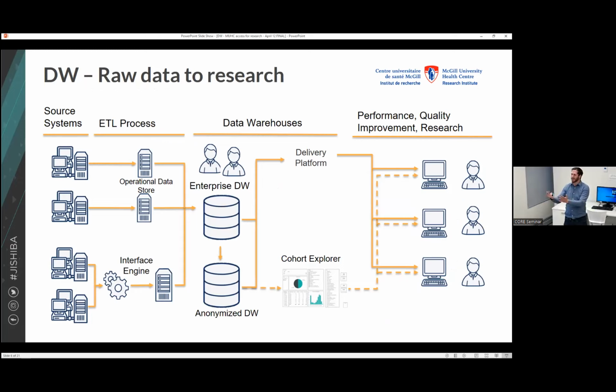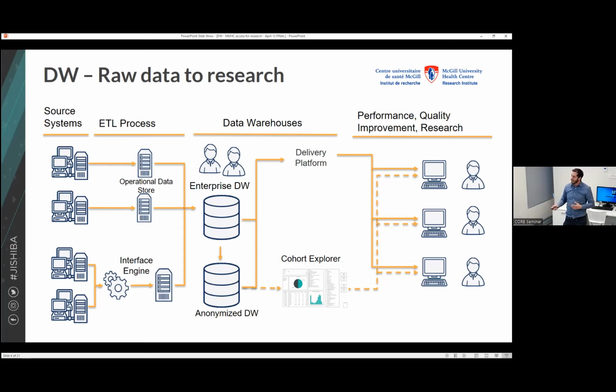This is all the process from the data source. Basically, we have 18 data sources at the hospital, and we have an ETL process, an extraction, transformation, and load process. We extract the raw data and try to organize it in a better way, and we collect it in an enterprise database, and we have an anonymized database.